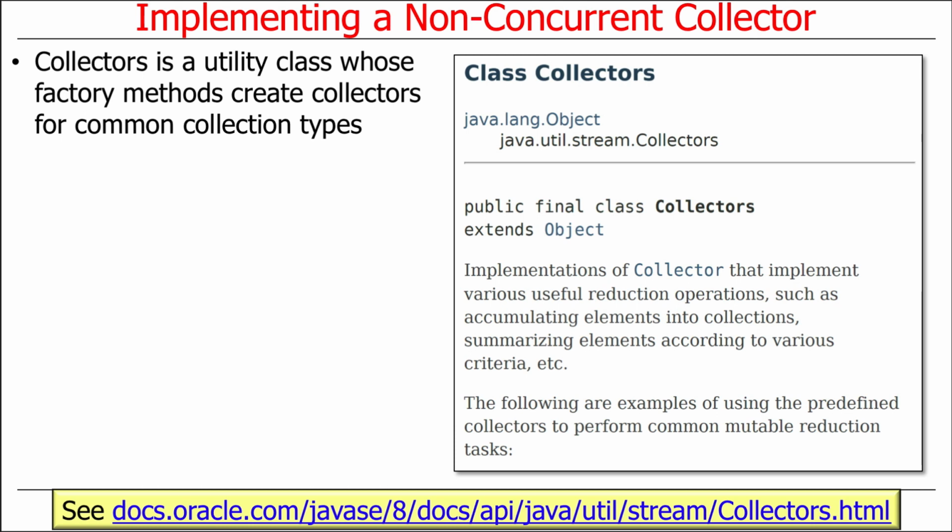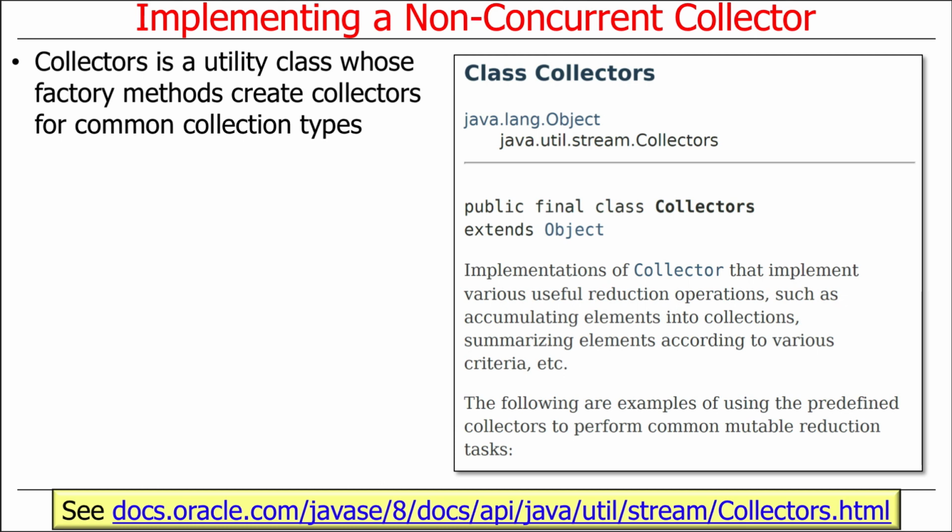So too is the case with collector. So there's the Collector interface, and then there's the Collectors class, which is a so-called utility class. And a utility class is simply a class that has no non-static fields, has a private constructor, and only has static methods.